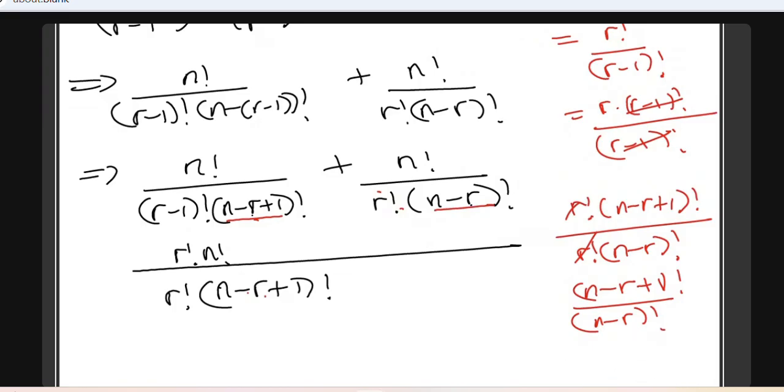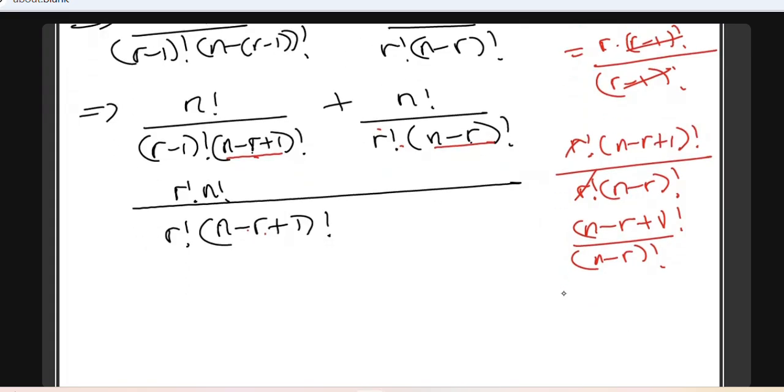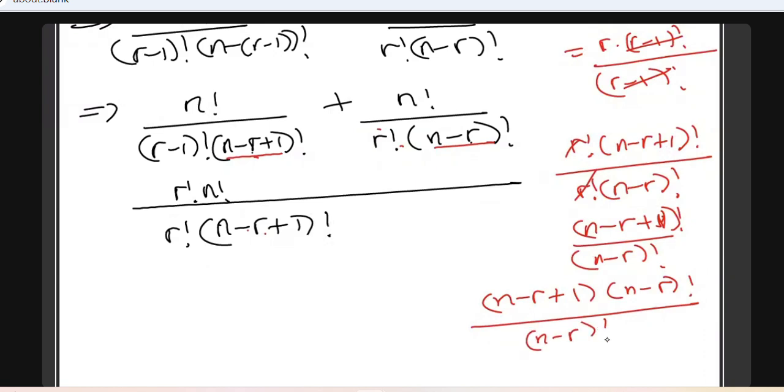Again, you're going to look at the one on top. The one on top is bigger. So this is the same as (n minus r plus 1) multiplied by (n minus r) factorial, and everything over (n minus r) factorial. So this and that cancels. So this into that is (n minus r) factorial, (n minus r plus 1).